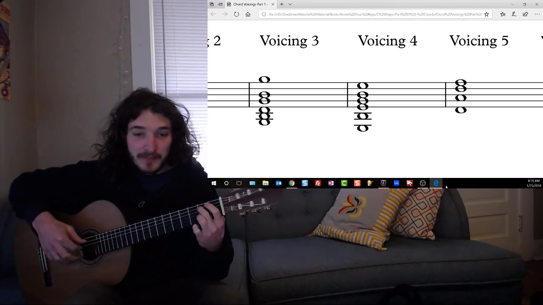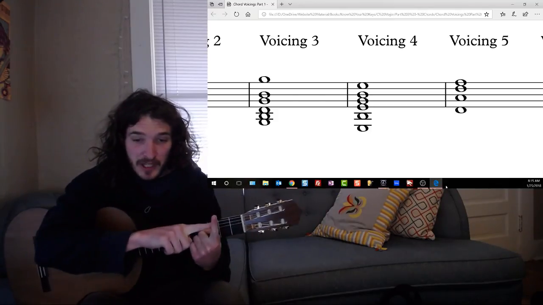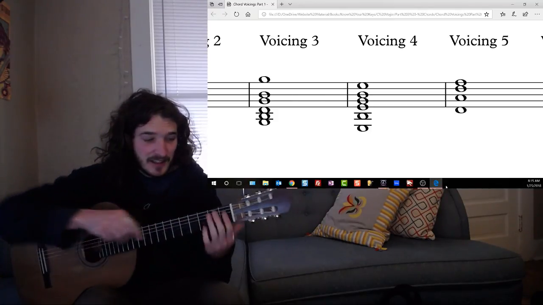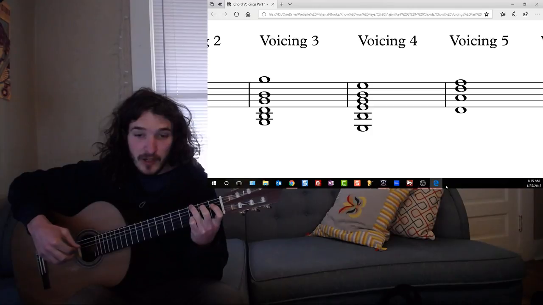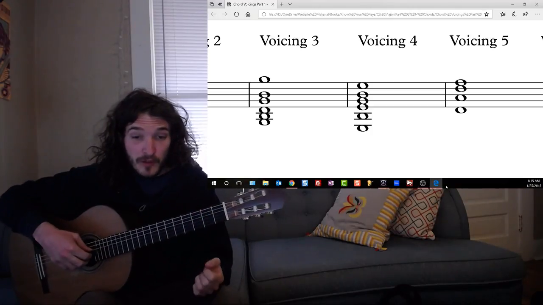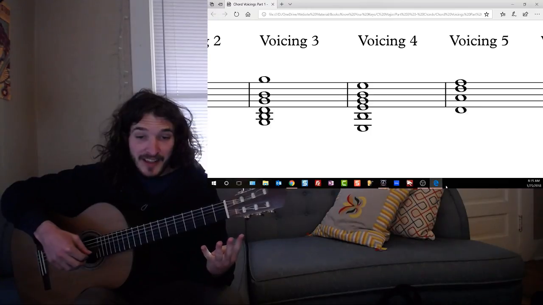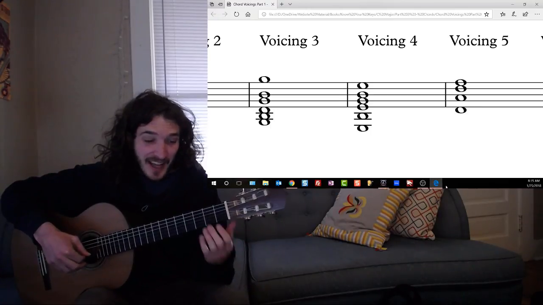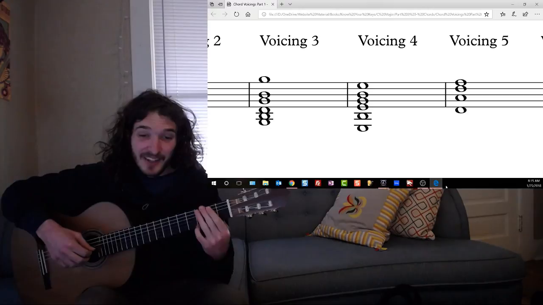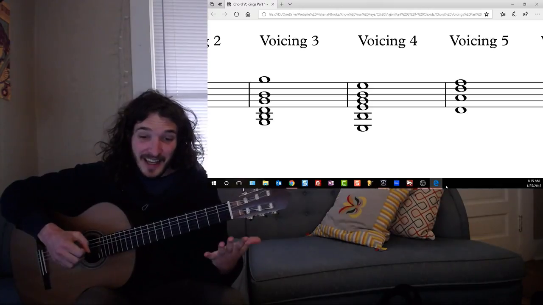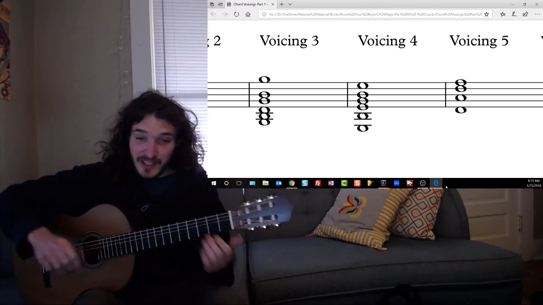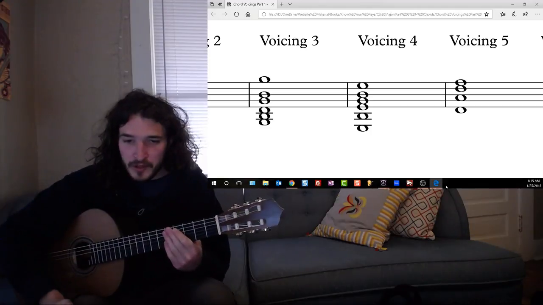And then B up to D is another third, B, C, D. So we have 3, 3. And then D up to G is a fourth: D, E, F, G, 4. And then G up to B again is a third. And then we have a 6 from B to D: B, C, D, E, F, G. So 6.